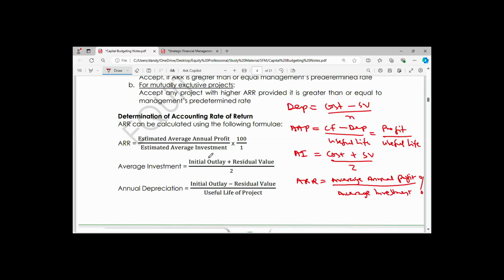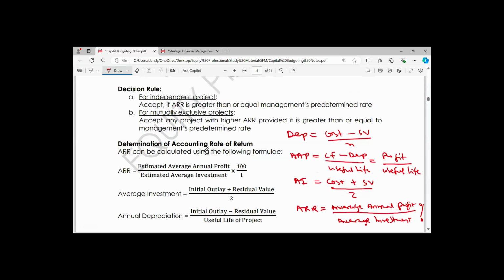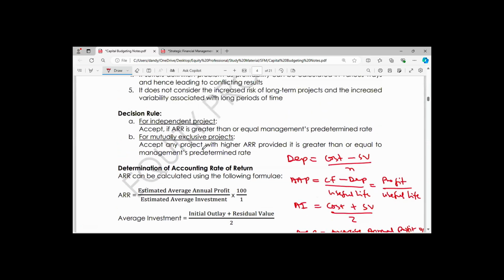Then, for mutually exclusive projects, accept the project with the higher calculated accounting rate of return, provided it is equal to or greater than the management predetermined accounting rate of return. So that's the decision rule.